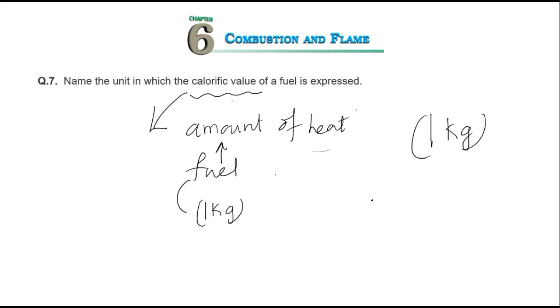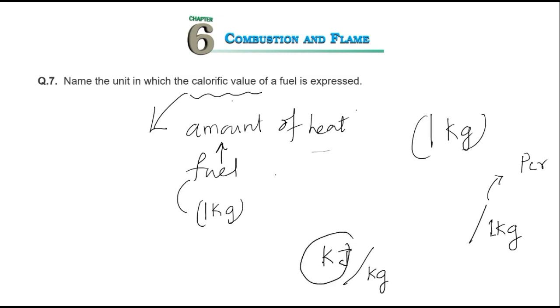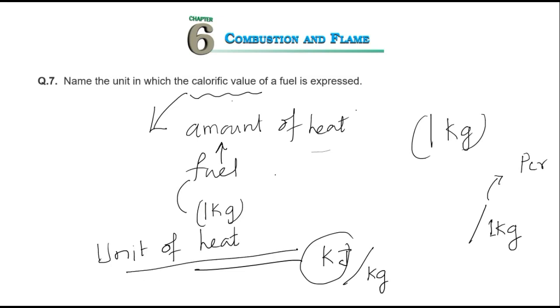So please refer to previous videos. Now, since it is per 1 kg, or we can even write per kg, the unit of heat is kilojoules. So kilojoules per kg. Kilojoule is the unit of heat, and this much heat is given for every kg.